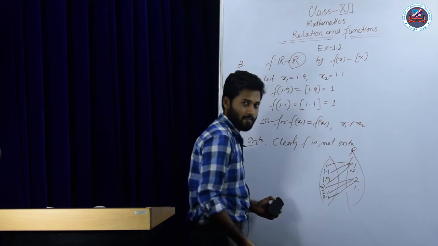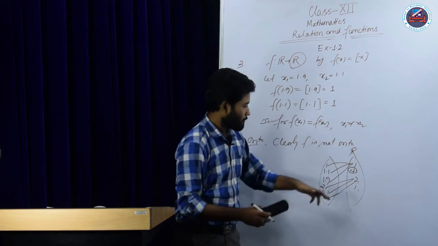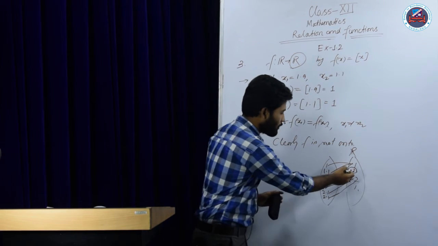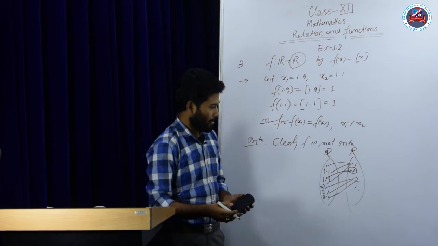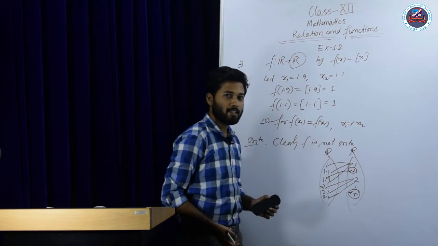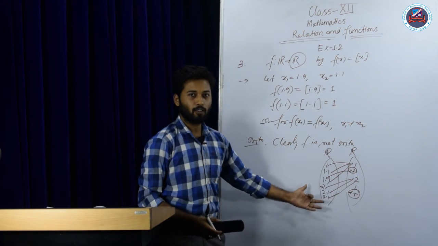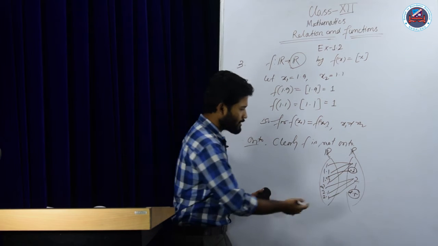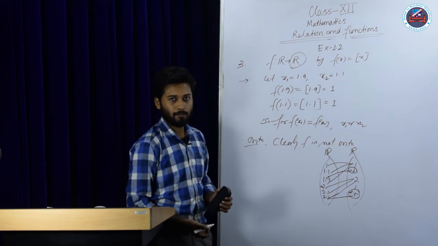Here we have the fractions. So clearly, suppose 1.2, this 1.2 does not have any pre-image in the domain. If I take 2.5, the 2.5 exists in the codomain, isn't it? But 2.5 does not have any pre-image in the domain. That means there is no link with the domain in the codomain for 2.5.